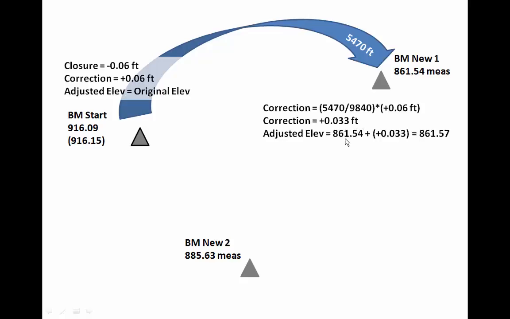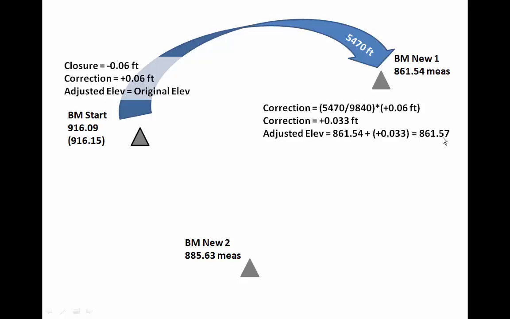My adjusted elevation becomes our calculated elevation plus this correction. So that works out to be, if I round back to the nearest hundredth, 861.57 feet.